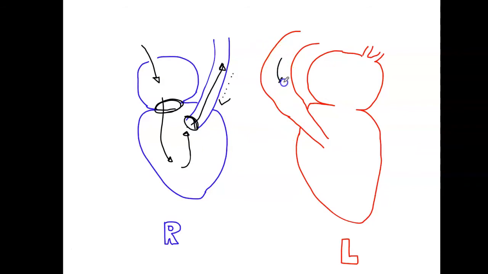Same goes for this side. Let's erase that really quickly. So we have blood coming into the left atrium, and it's coming in through here. And it's going to come down and down into here. So when this squeezes, we want to be able to close the mitral or the bicuspid, preventing backflow up this way, and instead making blood shoot out the aorta.